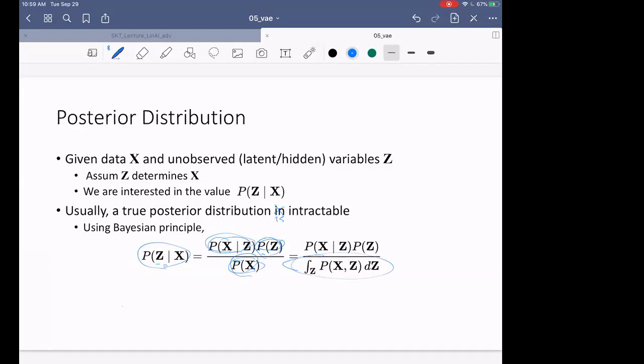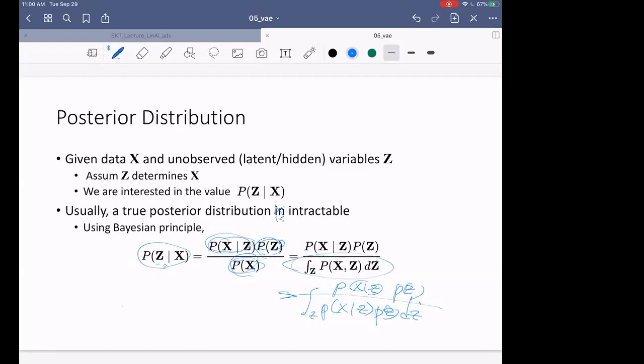Or more concretely, it's the same. I just convert the denominator into a likelihood, a conditional distribution, and a prior.